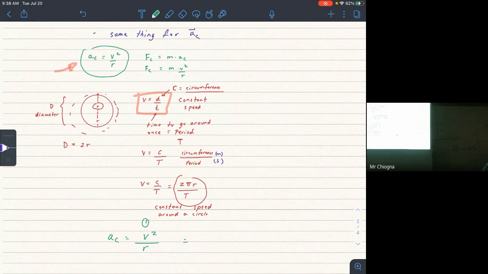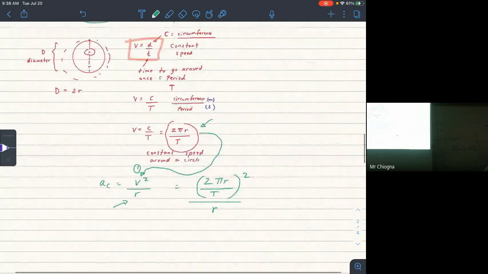You plug in this for V. So you get 2 pi r over T, square it, divided by the radius in the denominator.